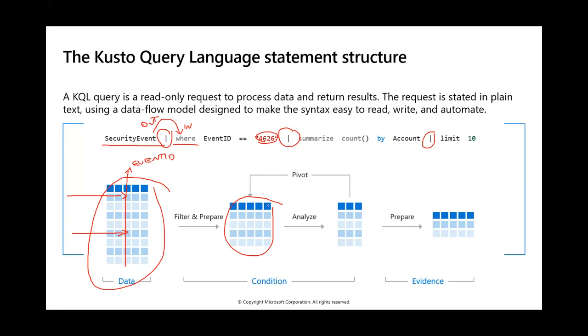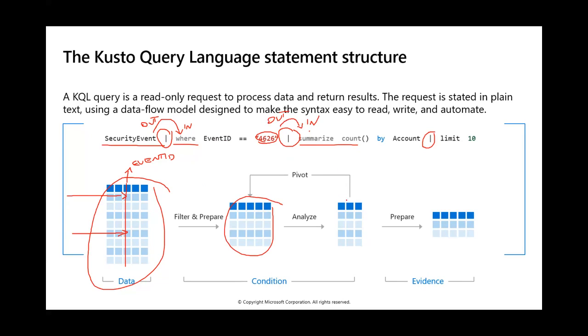Now, within this new filtered output with my 6 or 5 records, I'm taking my 5 records as an output, and after the pipe, passing that output as an input to the next operation to continue processing the filtered data, in this case summarizing and counting by account and so on.